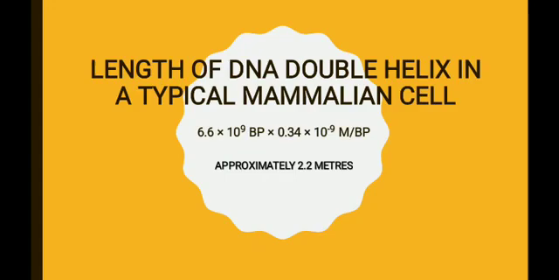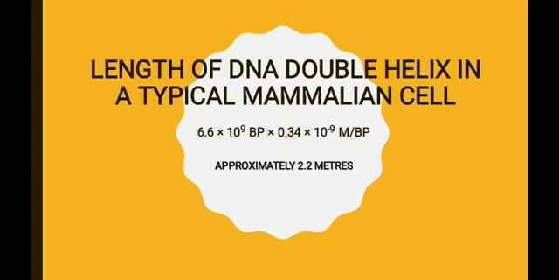So how is it possible? The reason is the length is 2.2 meter, but the diameter is very less, just 20 Angstrom, as I told earlier. So a very narrow but very lengthy DNA molecule is located within the nucleus by a special kind of packaging.